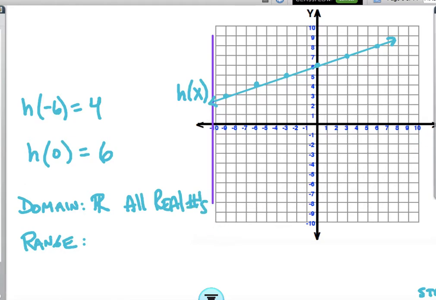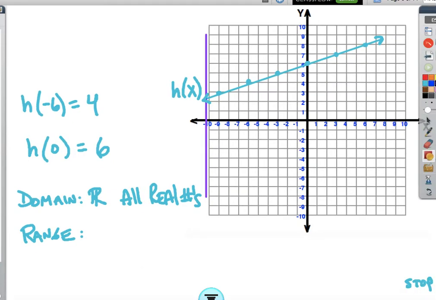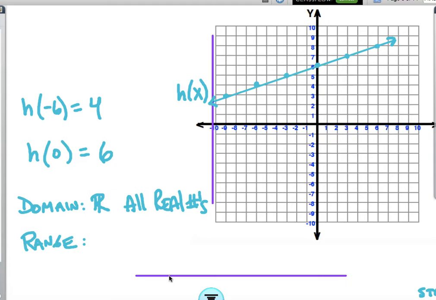Okay, now let's look at the range. The range is looking from bottom to top. So turn your pencil horizontal and move it bottom to top and think about what y values you would be allowed to have.